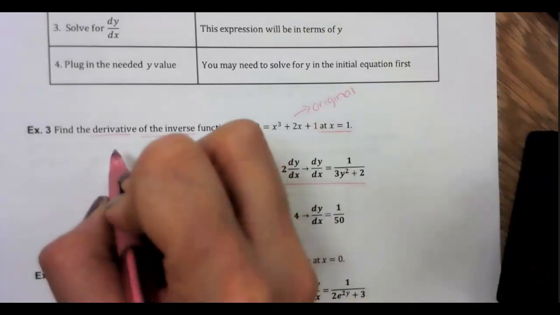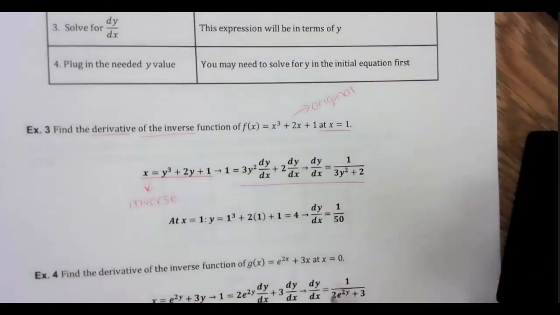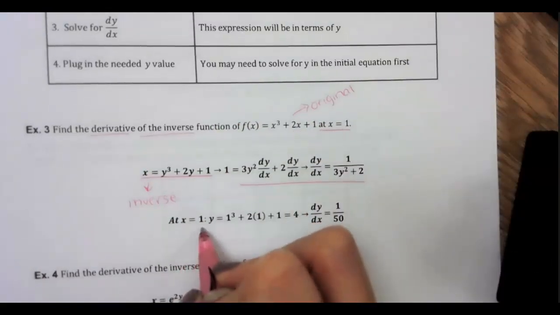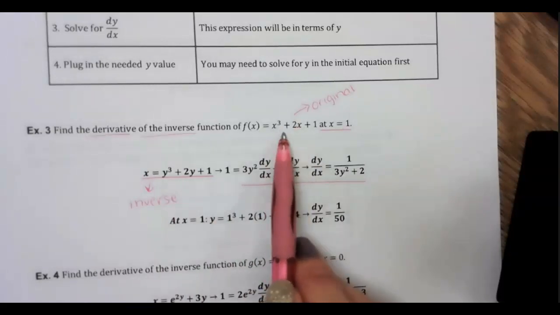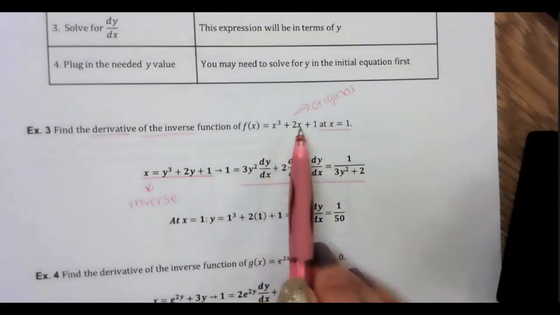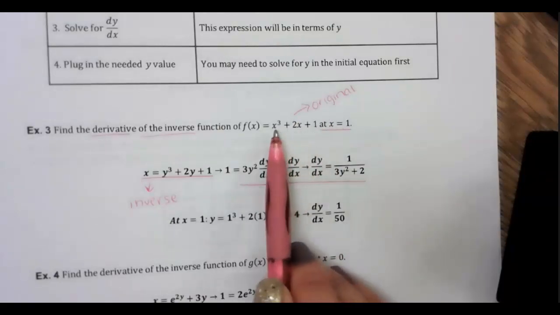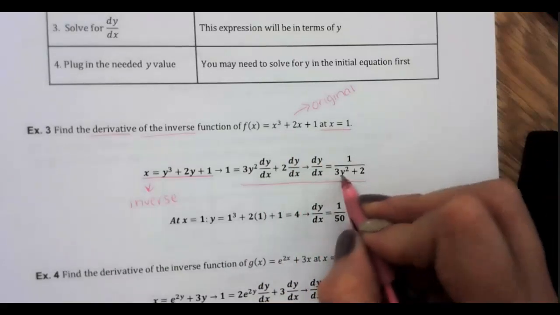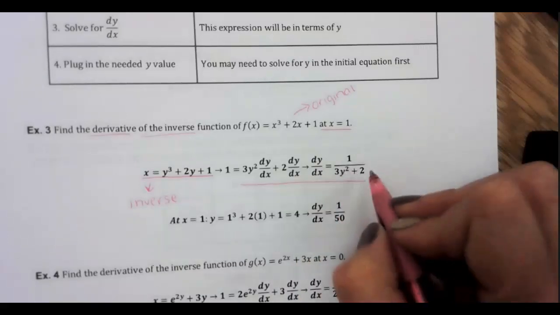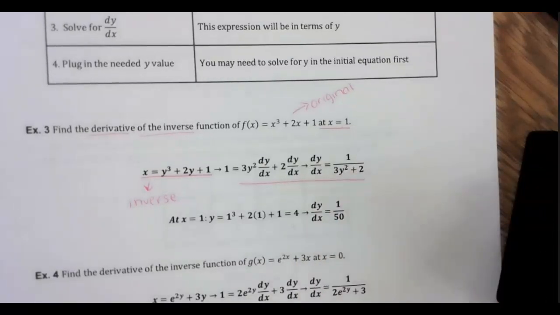So if I want to find the inverse derivative at x equals 1, that x equals 1 is really like y equals 1 in a way, or finding my y value by plugging that x value in to the original. So 1 cubed plus 2 plus 1 gives 4. So then you plug your 4 in. 4 squared, 16. 16 times 3, 48, plus 2 is 50.